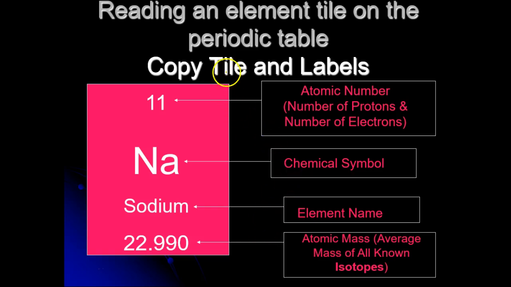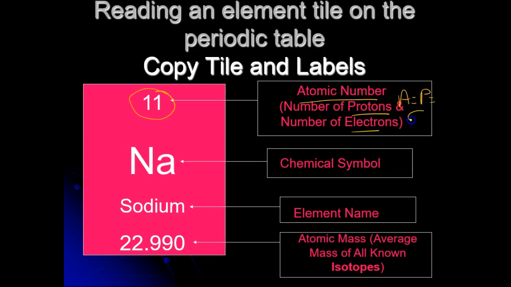Okay, again, looking at an element tile on the periodic table, the number that is a whole number is the atomic number. Number of protons, number of electrons. This is your symbol. This is the name of the element. And then this right here is your AMU, average atomic mass unit.